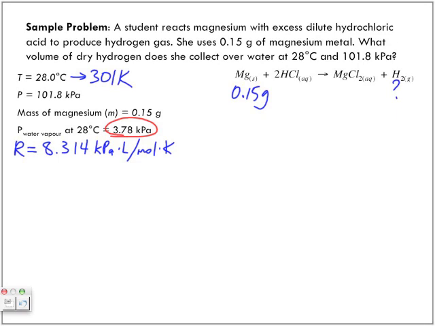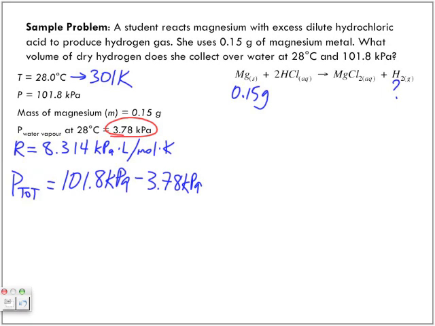We know the total pressure is equal to 101.8 kilopascals, and the pressure of water is 3.78 kilopascals. So we're going to have to subtract, because we only want the pressure of the hydrogen gas.